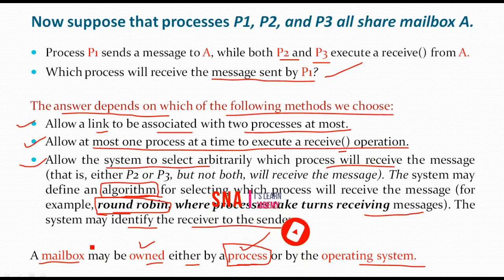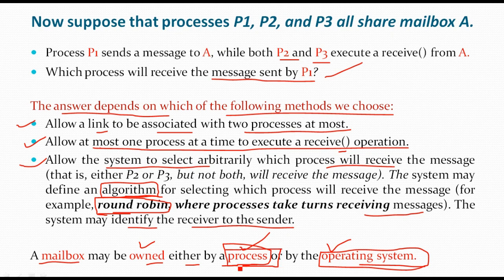But if the mailbox is owned by the operating system, then it is the operating system's responsibility to hold this mailbox, and it will have different characteristics from one owned by a process. When it is owned by the process and the process terminates, the mailbox also gets terminated or deleted.